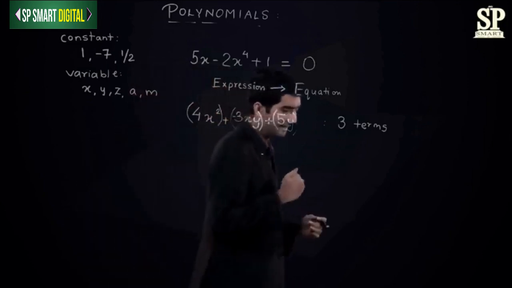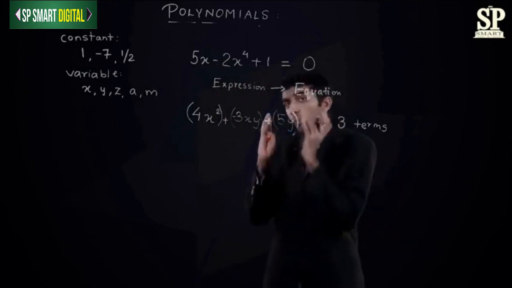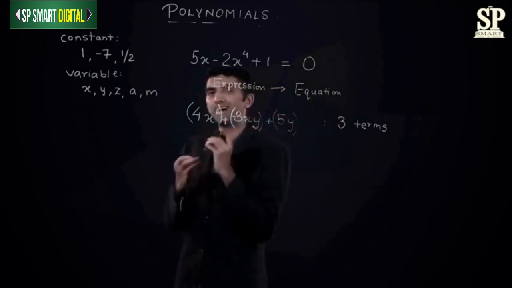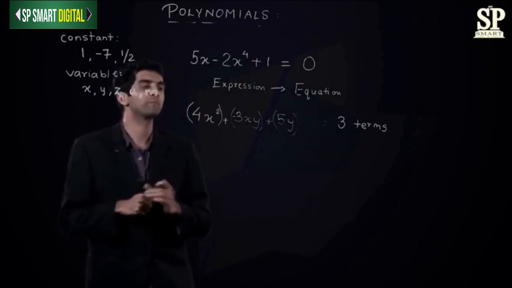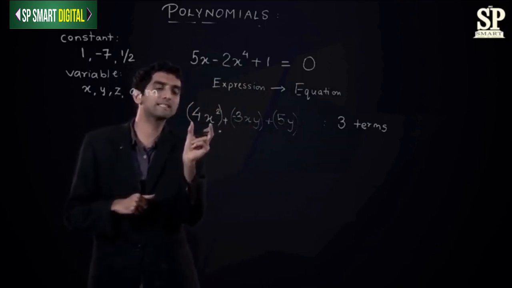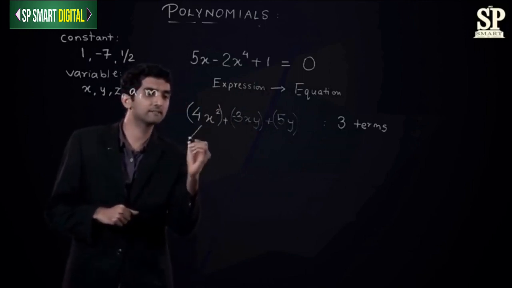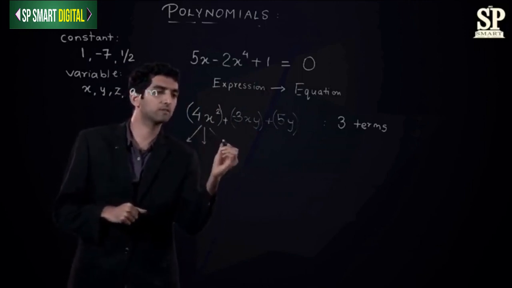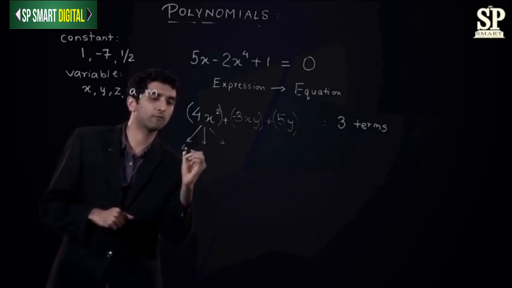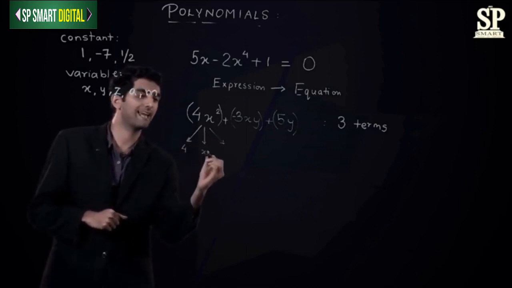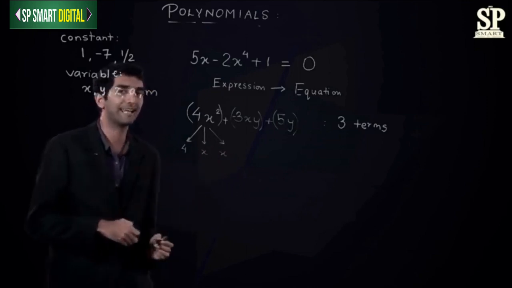Now on this note, let's understand that in one particular term, what are the key ingredients? If I try to focus on this first term, which is 4x square, I can factorize this into three ingredients. One is 4, another is x, and the third is x again.